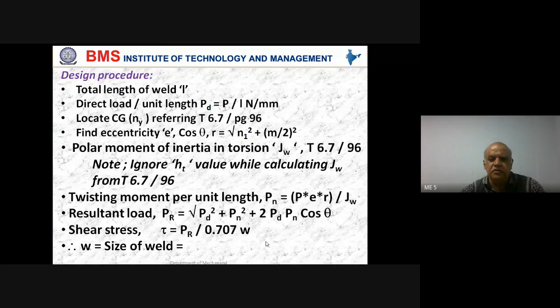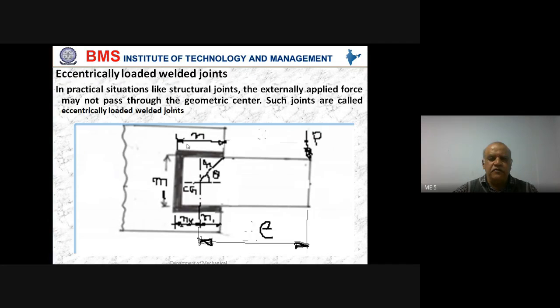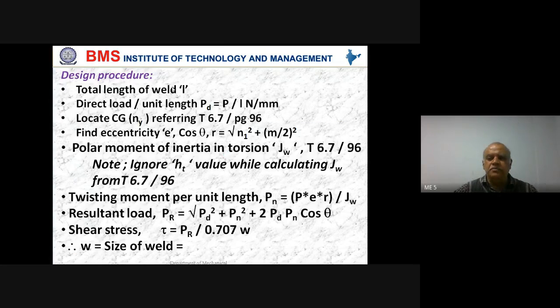Sometimes I use a star here for multiplication, sometimes I use the into mark, small x, so don't get confused. This n1 square plus m by 2 square is only specific to a compound fillet weld like this. It will vary for different types of welds.